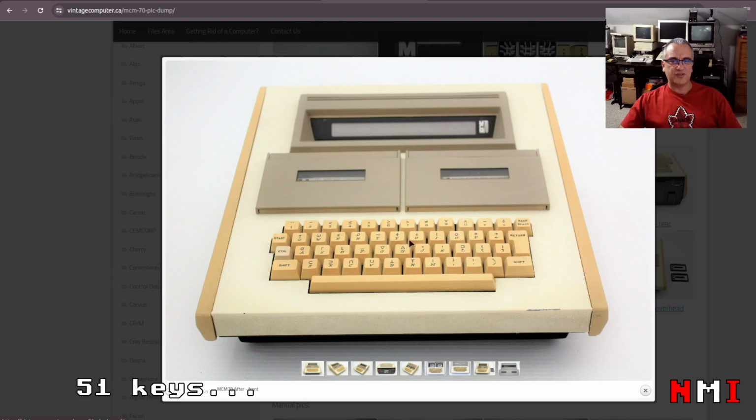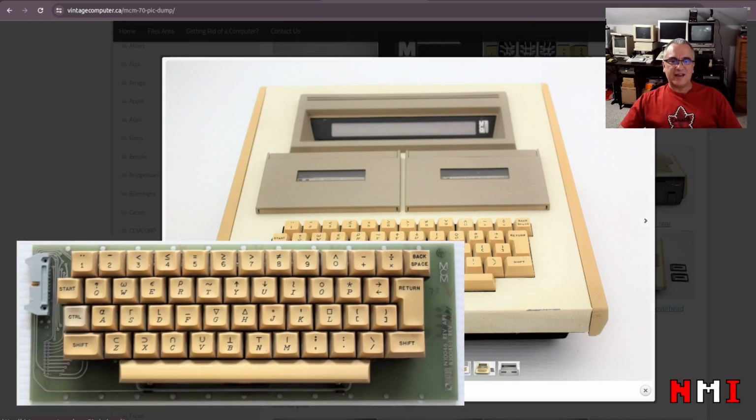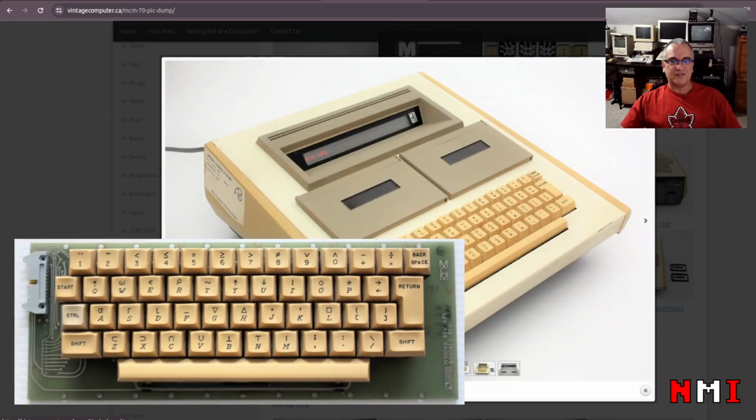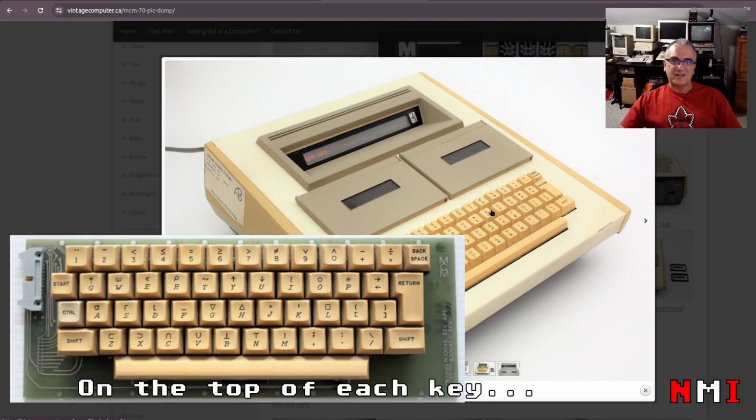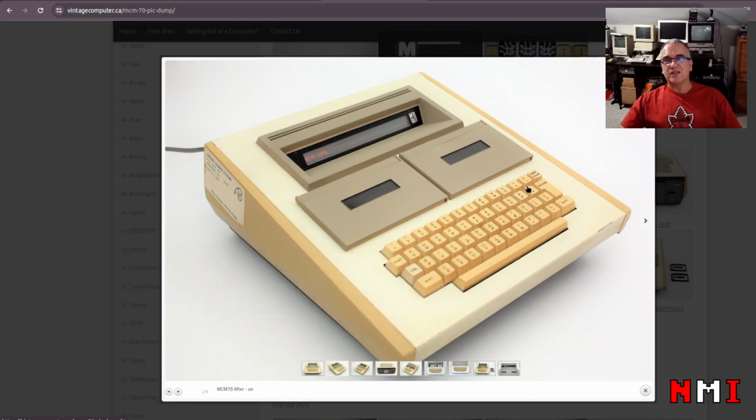I don't know, 50 something keys, but you can see that they have a lot of symbols on the top that are not very common. And that is because this machine is programmed in a language called APL, which is basically a mathematical language.